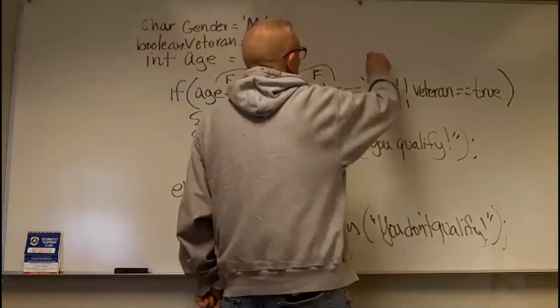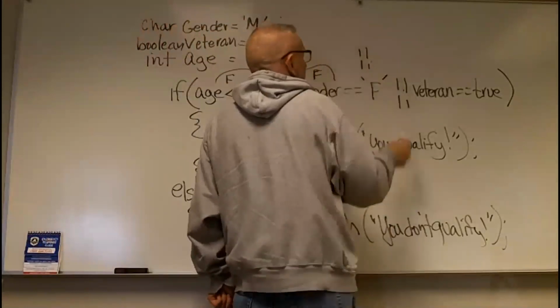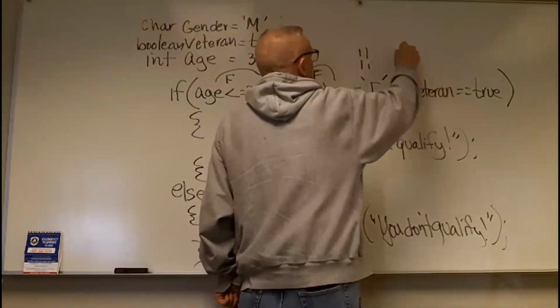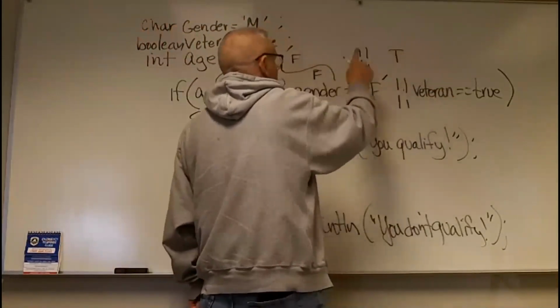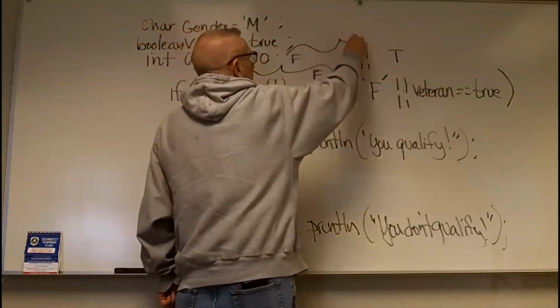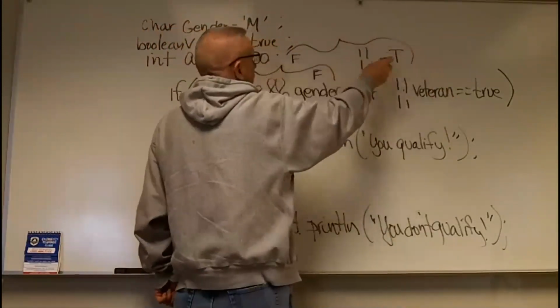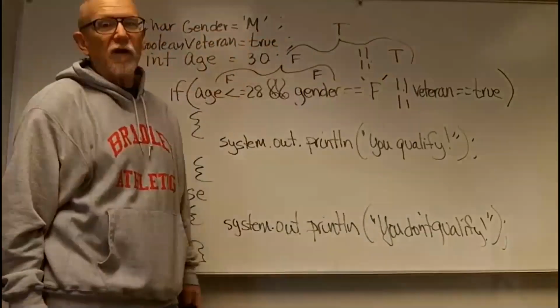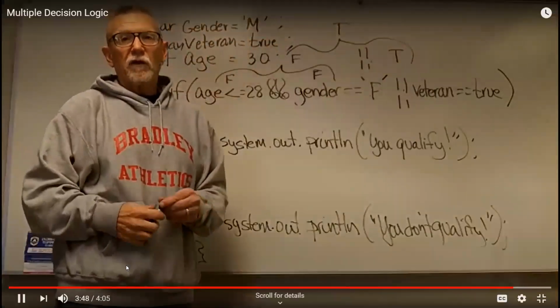Then we have an or, and he is a veteran though, so true is equal to true is true, so I have a false or a true. And again, if you remember from my truth tables, a false or a true comes out as a true, so he would also qualify for the financial aid.